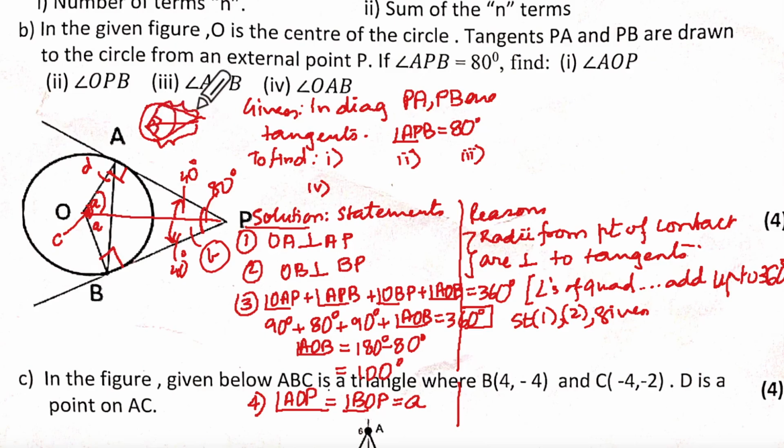Understanding? Yes, ma'am. So how do we express it? Speak with me. Tangents from external point subtend equal angles at the center. Equal angle. Now let us write over there.